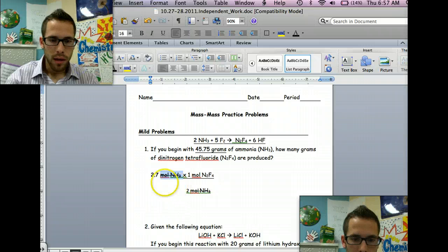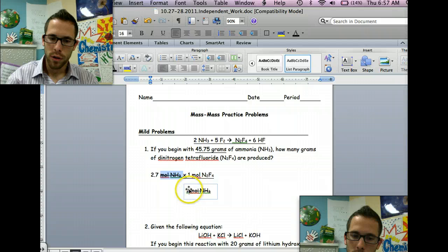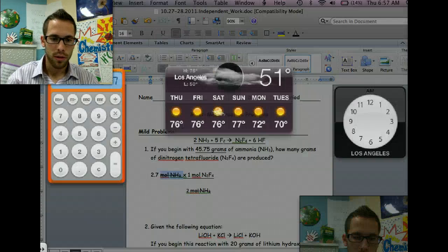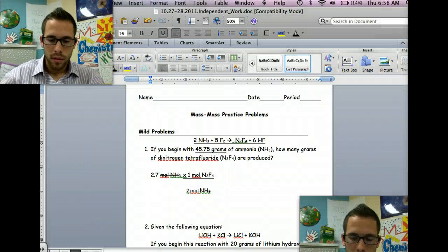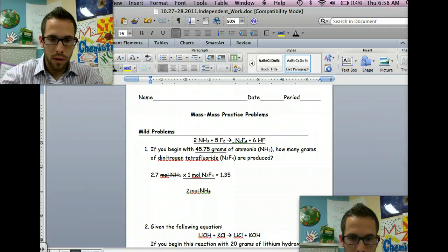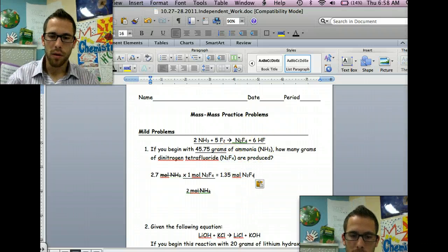Boom. So what am I left with? I'm left with 2.7 times 1 mole of N2F4 over 2. And that answer is equal to 2.7 divided by 2. So let's do the math. 2.7 divided by 2 equals 1.35 moles of N2F4. Great. I'm almost done.